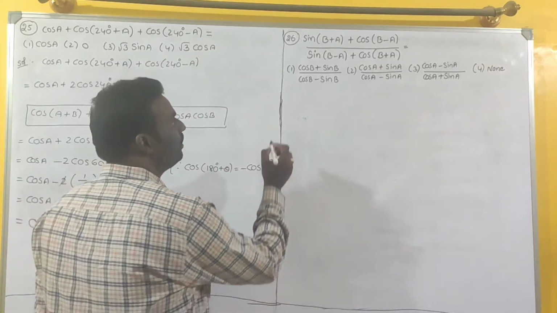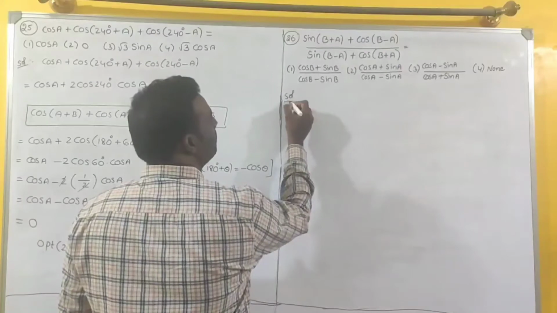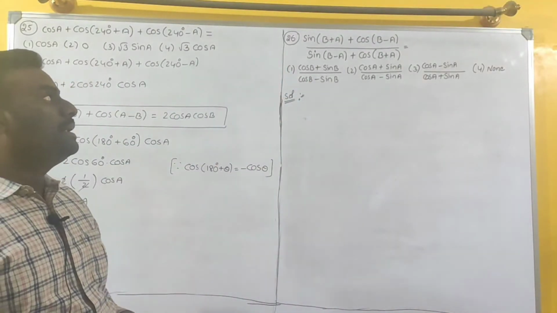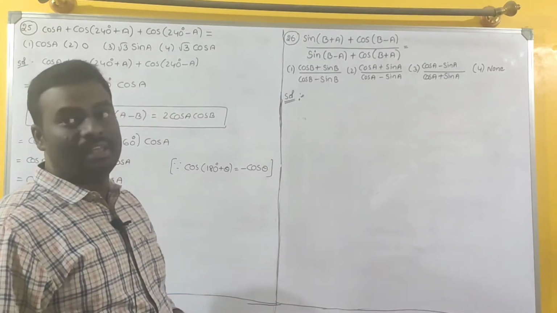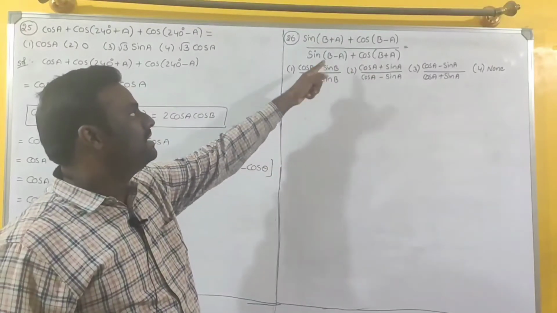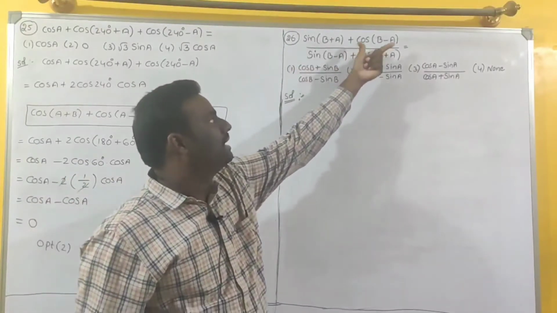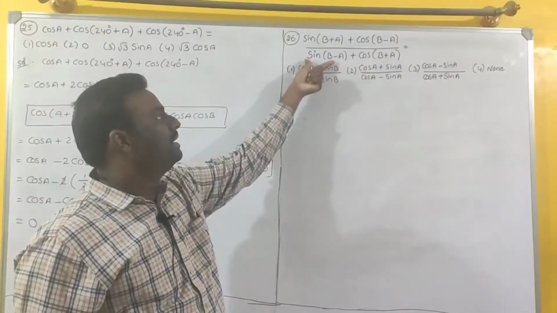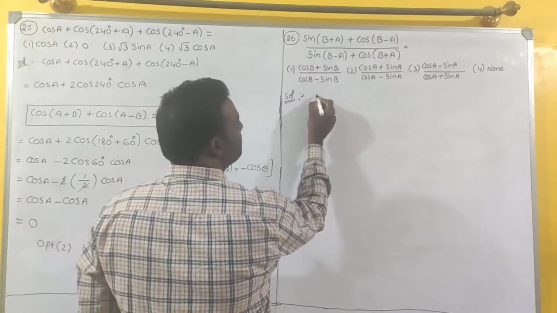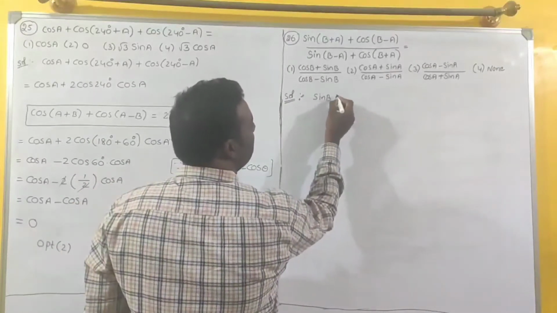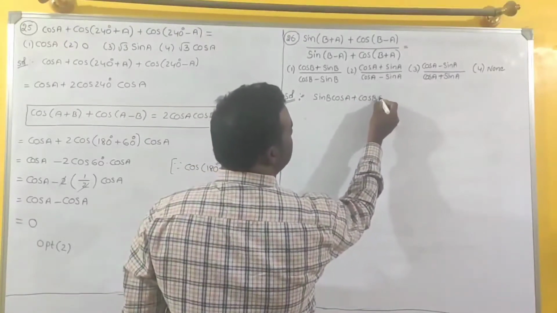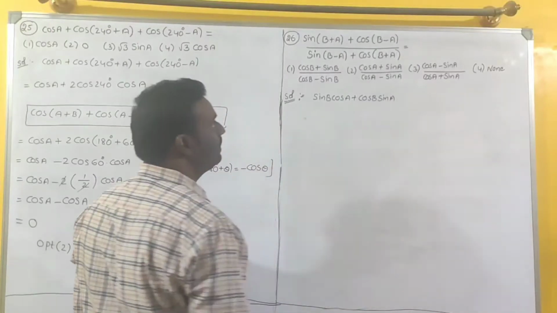Next, we will discuss question number 26. Sin of B plus A plus cos of B minus A, divided by sin of B minus A plus cos of B plus A. This can be written as sin of A plus B, cos of A minus B, sin of A minus B, cos of B plus A. Now, sin of B plus A can be written as sin B cos A plus cos B sin A. Which formula?